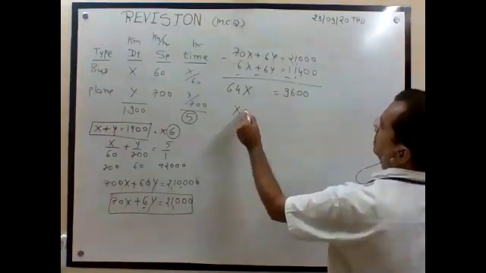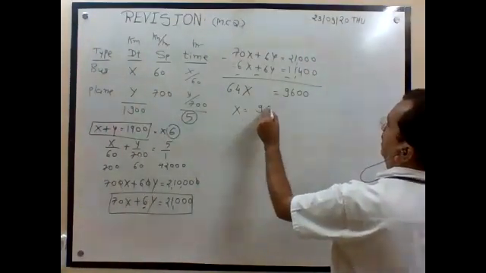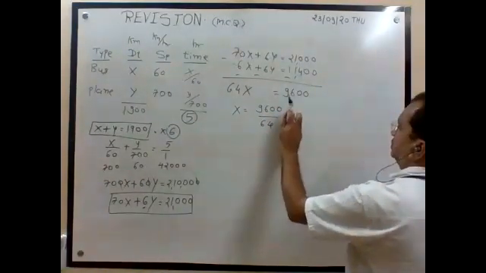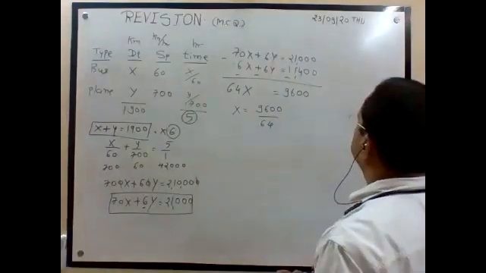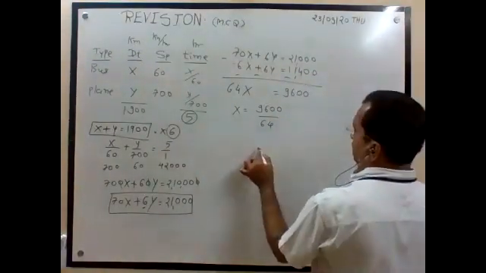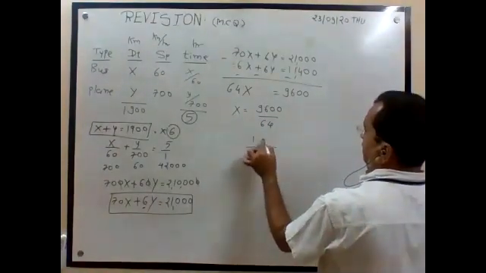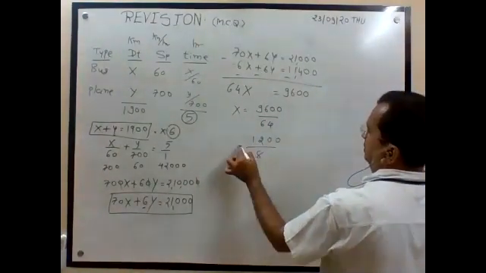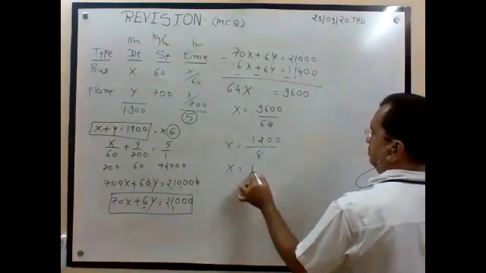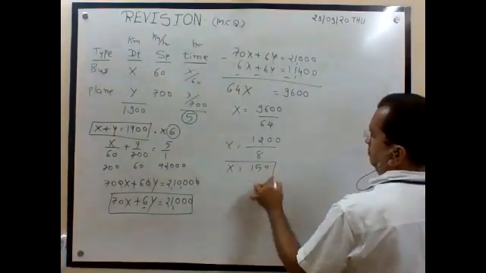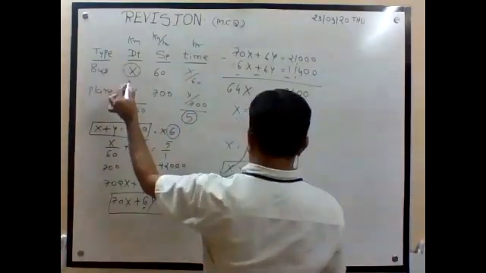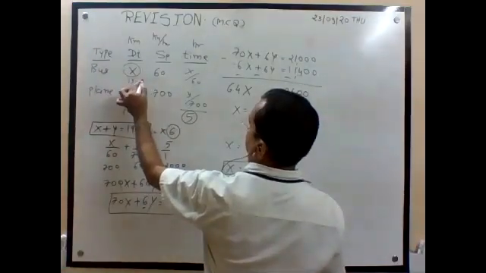So x is equal to 9600 divided by 64. With 8 you can cut, 8 8s are 64. So by bus distance travel is 150 kilometers.